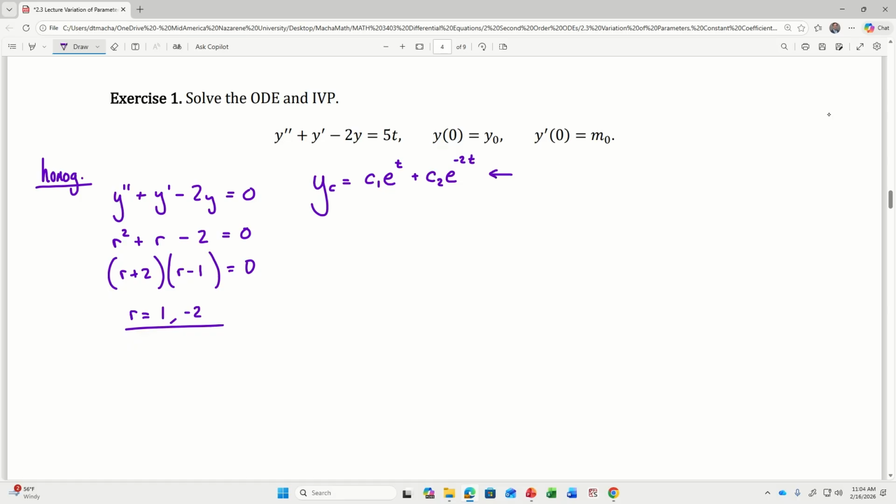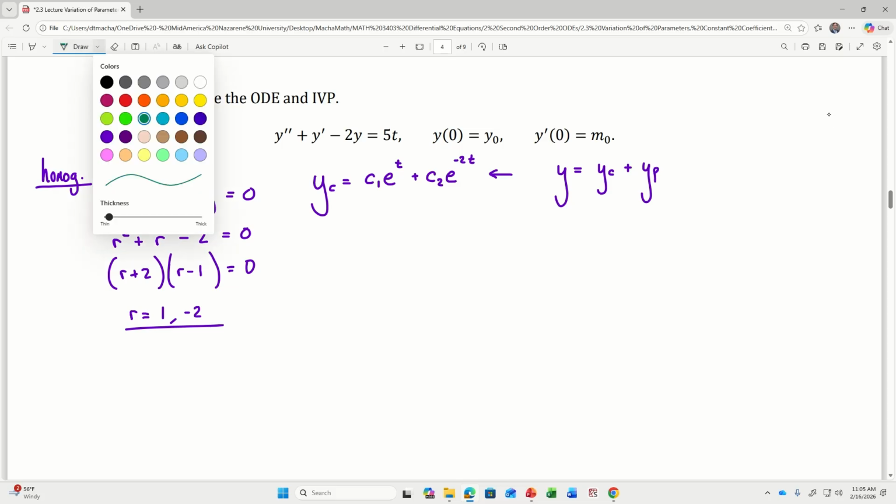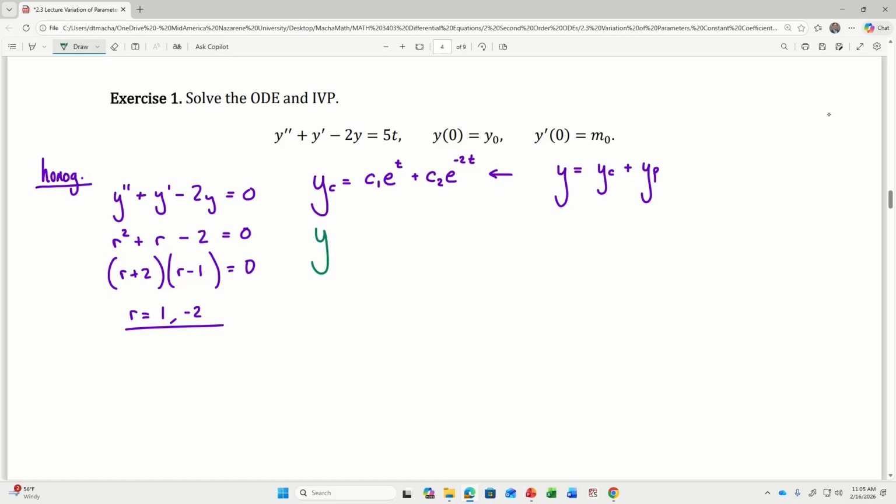This is the complementary solution, and remember, my general solution to the overall non-homogeneous ODE is going to be the complementary solution plus a particular solution. So now our job is to find the particular solution. And the particular solution is going to look like u1 e to the t plus u2 e to the negative 2t.